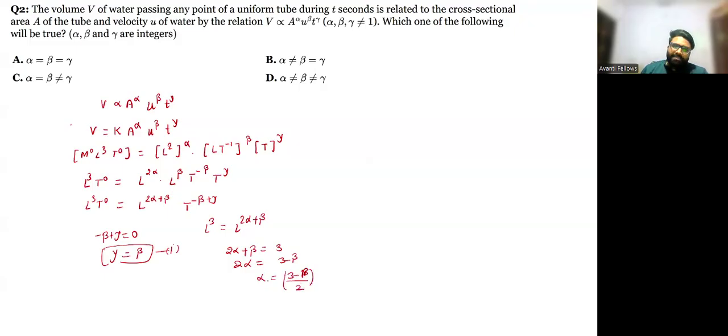So from here we can say alpha is not at all equal to beta and not equal to gamma, but beta and gamma themselves are equal. So option B is the correct one. Now I hope you understand this. Move on to the next one.